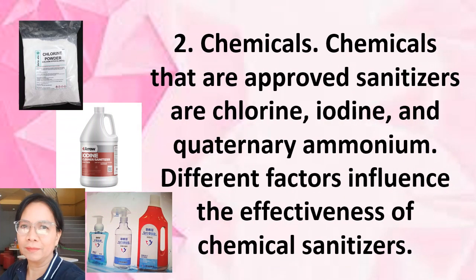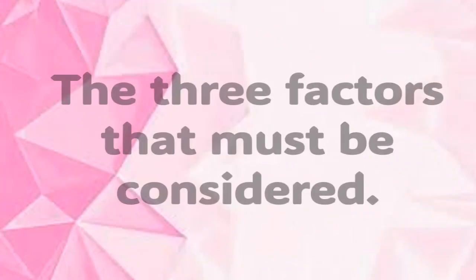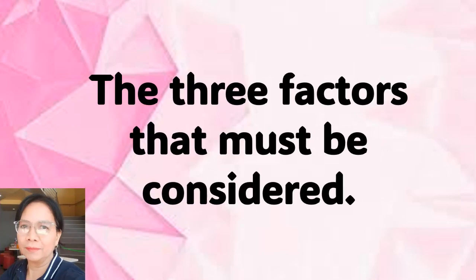The second sanitizing method is chemicals. Chemicals that are approved sanitizers are chlorine, iodine, and quaternary ammonium. Different factors influence the effectiveness of chemical sanitizers. Let us now have the three factors that must be considered when using chemical sanitizers.